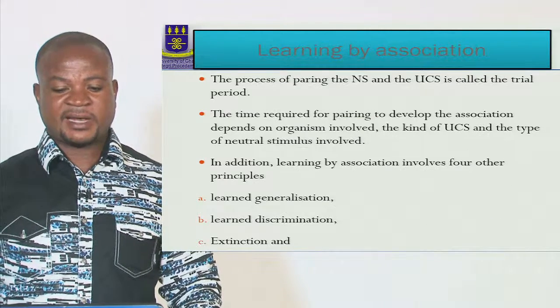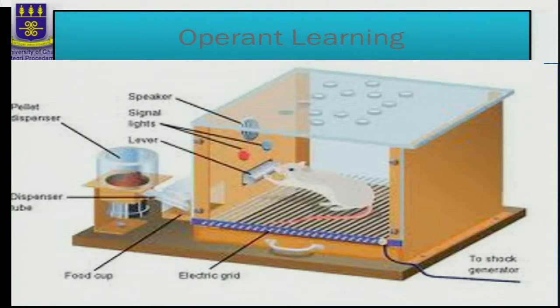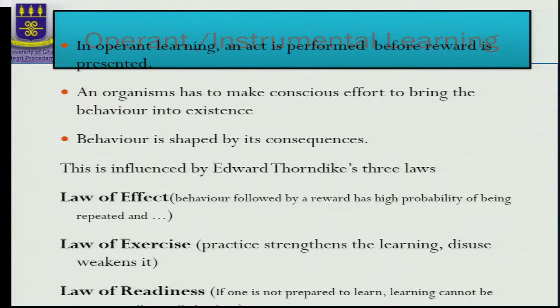And then we have another called operant learning, which is learning by reward. They believe that human beings make conscious efforts to bring the behavior into existence. And anytime we exhibit a behavior, if the behavior is rewarded, we are more likely to repeat that behavior. But if the behavior is not rewarded, we will not repeat it again.